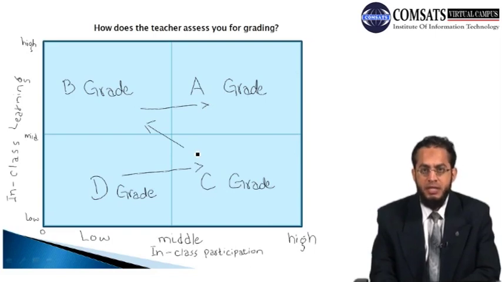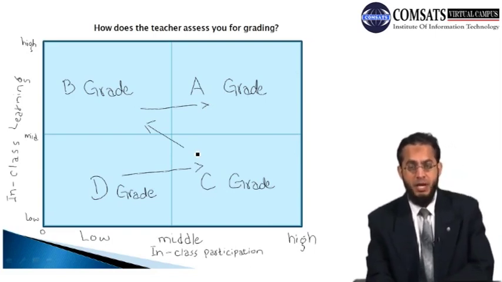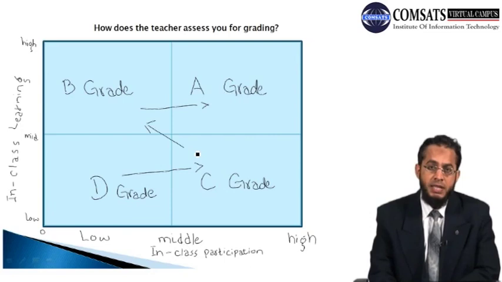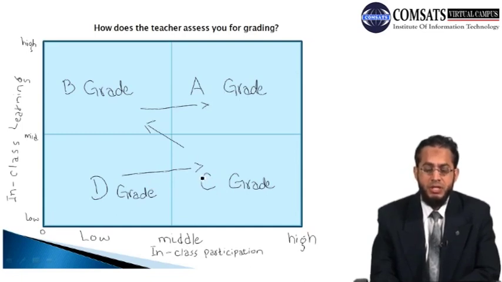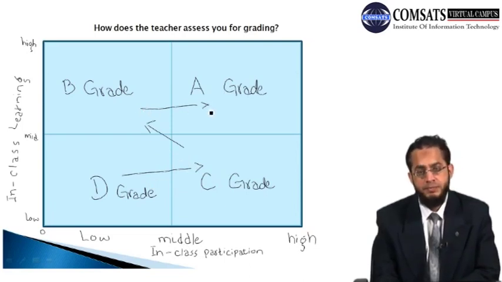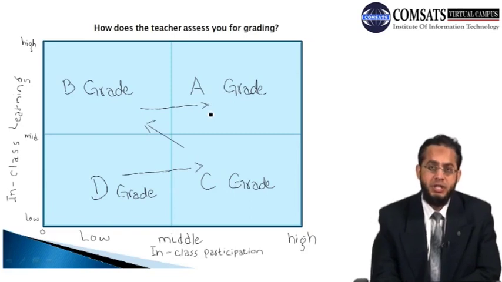If you are less class participative and less of a learner in terms of learning in class, then you can see where you lie, either here or here. And then you can chart out a path for yourself to see if you want to get an A grade. And these are the expectations that you have to meet of your teacher.